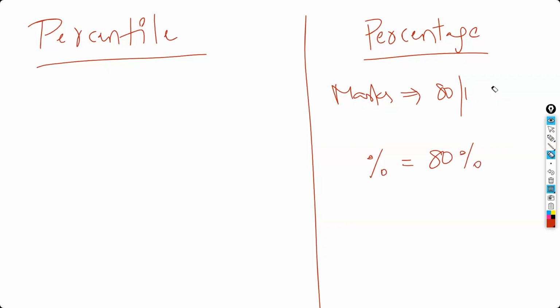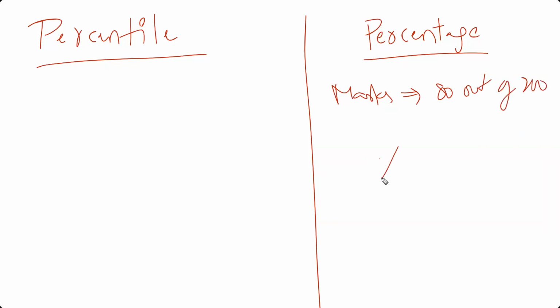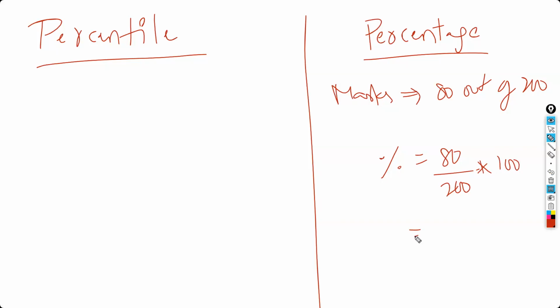Or if you got 80 marks out of 200, what is your percentage? 80 divided by 200 into 100. 80 divided by 200 is 4 by 10, which is 0.4, into 100 gives the percentage, that is nothing but 40%.